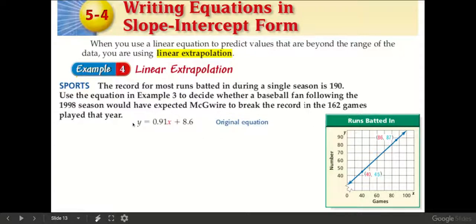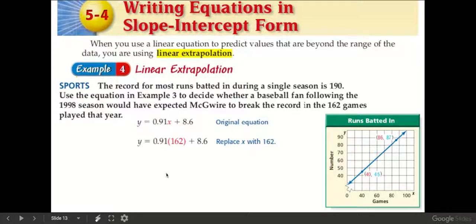So here's our equation that we got in the last problem, and these are our x and y values. We want to predict what this line is going to reach in 162 games. Remember, games are our x's, so I'm going to put 162 in for my x. And I can calculate how many runs batted in that would give me.